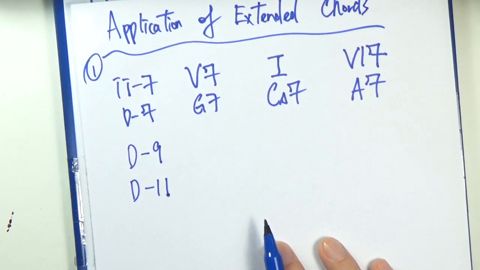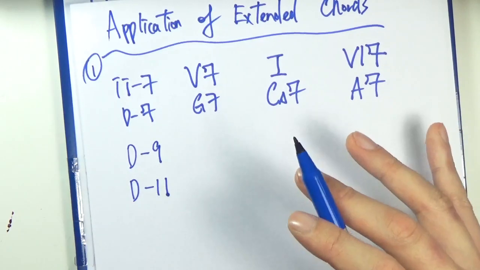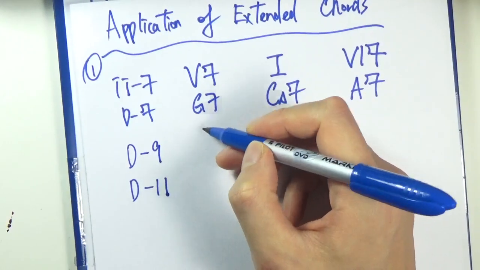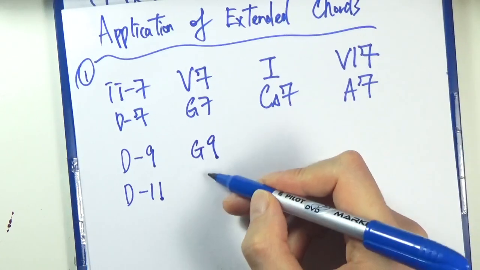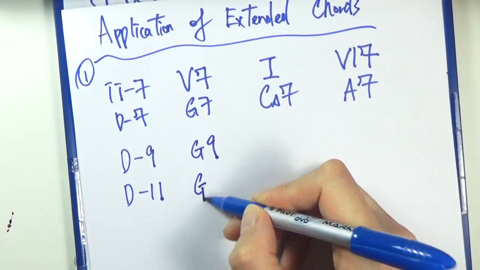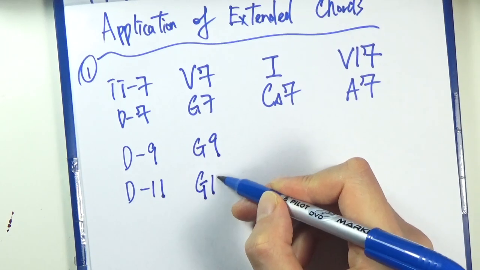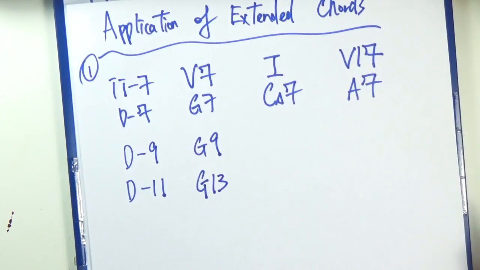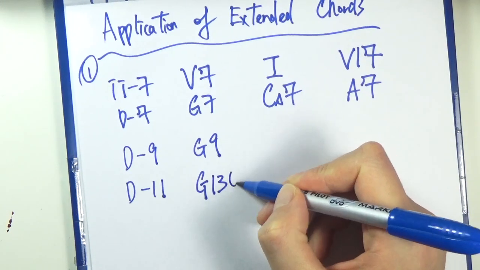G7th, if we are sticking with the unaltered version, which is what we have learned, you can go for a G9th sound, okay, or a G13 sound. And in this case, you can go for G13 sharp 11.